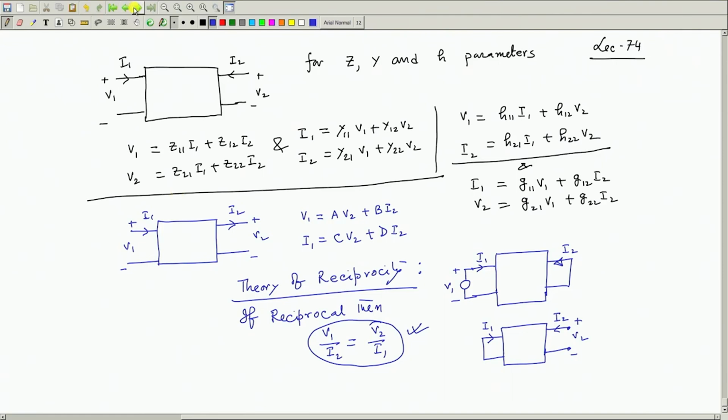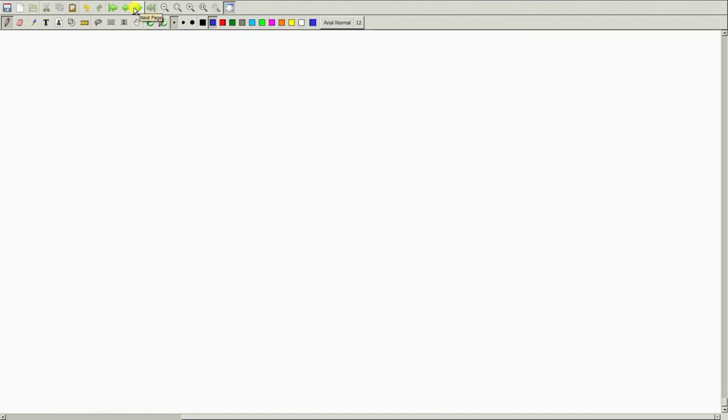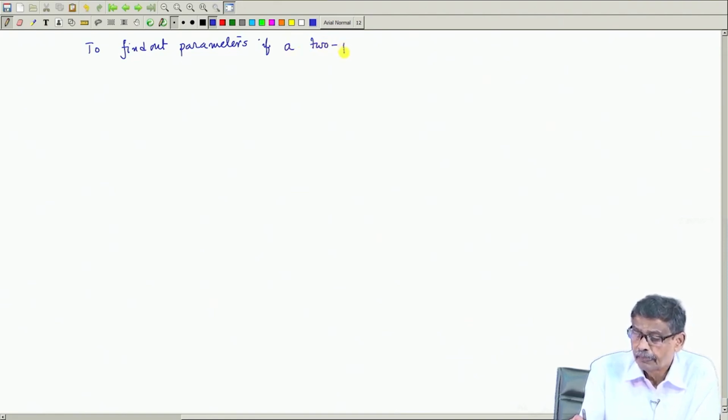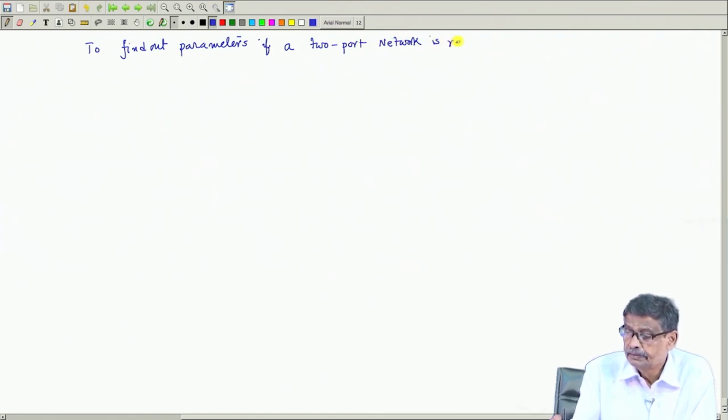For example, I will write it like this: to find out parameters if a two-port network is reciprocal.